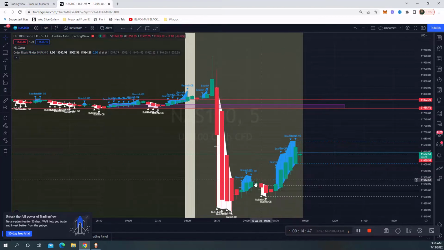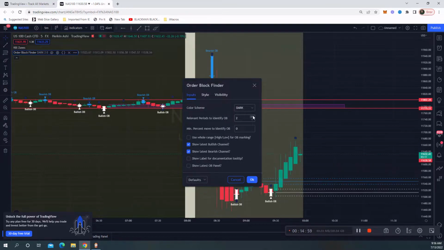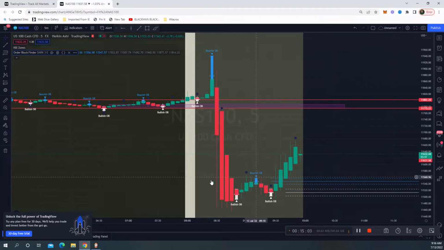Order block, order block, order block. It's just too messy. Way too messy. So this is why I do 3. Okay, 3 cleans it up and it gives you specifically what I'm looking for.